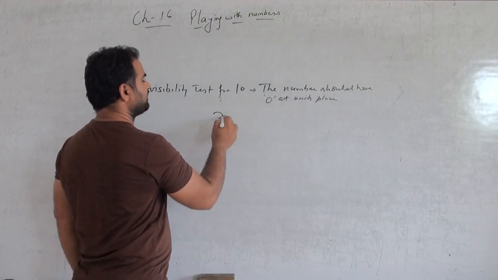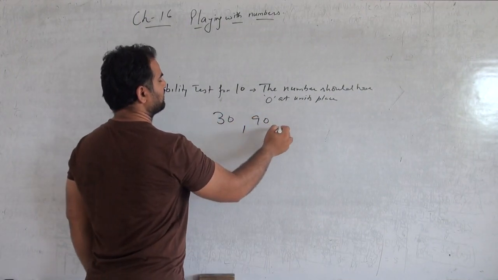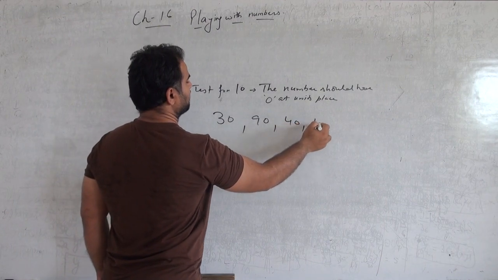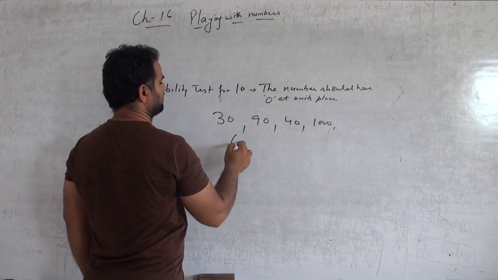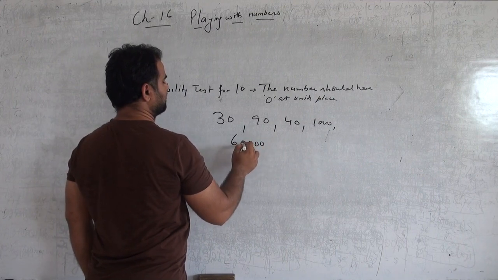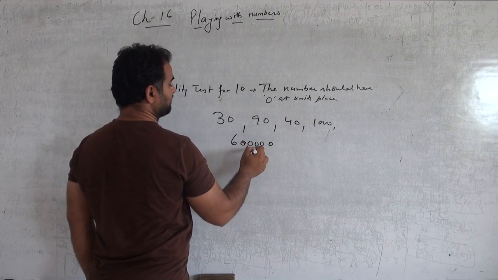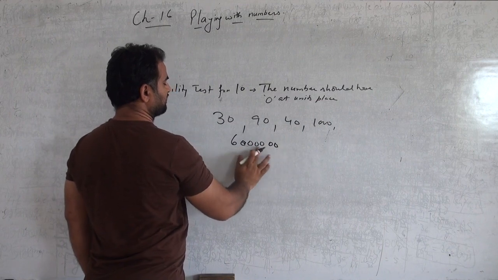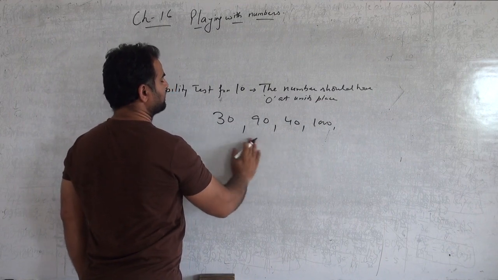Like 30, 90, 40, 1000, 6000, or 60,000, or 6 million. We can write any number which ends with 0.